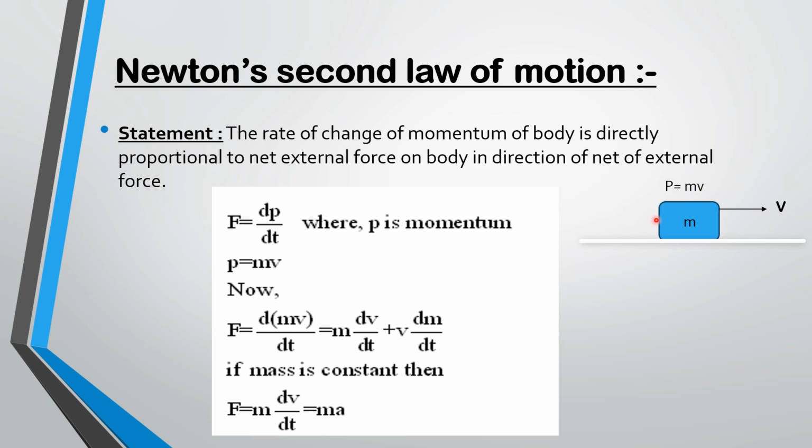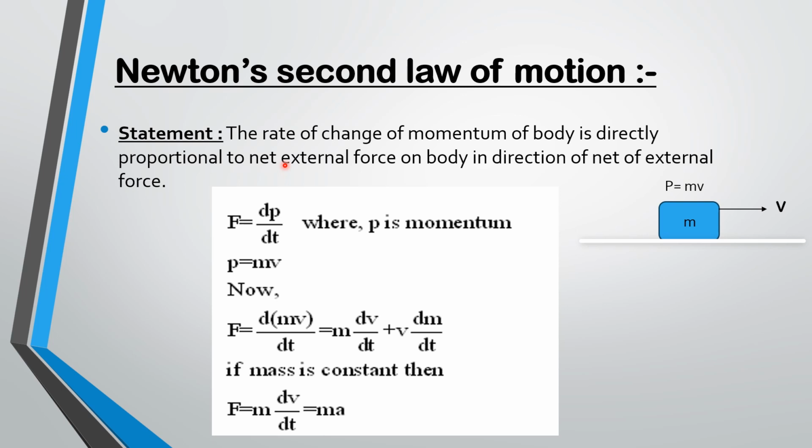The rate of change of this momentum occurs when we apply an external force on that body, in the direction of the applied force. This rate of change of momentum is directly proportional to the net external force, meaning the sum of the applied forces.